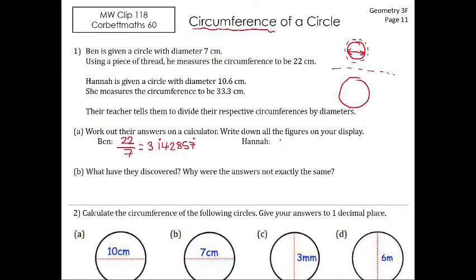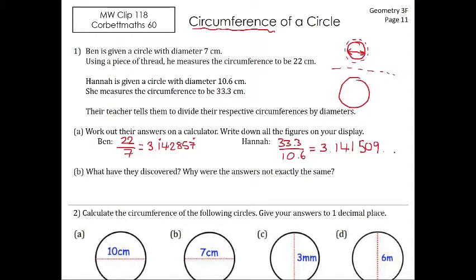And if you do Hannah's division, we want to divide 33.3 by 10.6. See what she gets. 3.141509, and then it goes on and on and on.